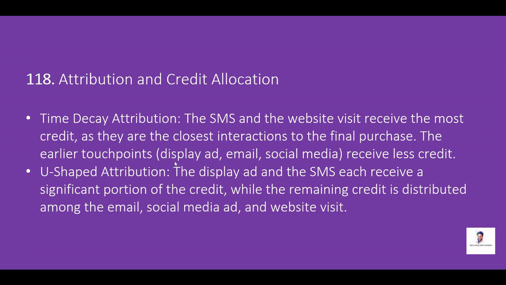The earlier touch points, where the ad was displayed to her in the news while she was reading, etc., receive less credit. U-shaped attribution. The display ad and the SMS each receive a significant portion of the credit, while the remaining credit is distributed among the email, social media ad, and website visit.